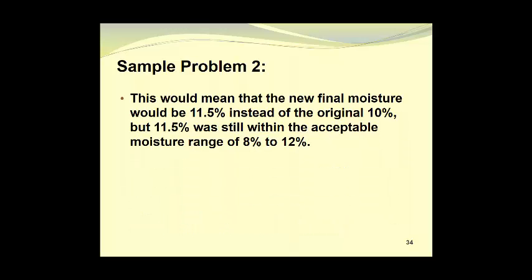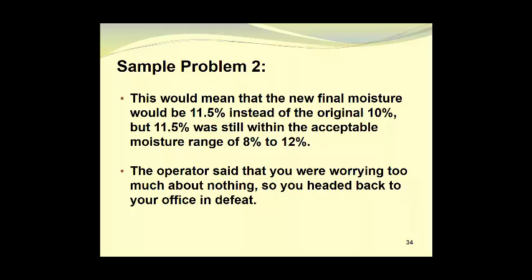This would mean that the new final moisture would be 11.5% instead of the original 10%, but 11.5% was still within the acceptable moisture range of 8% to 12%. The operator said that you were worrying too much about nothing, so you headed back to your office in defeat.